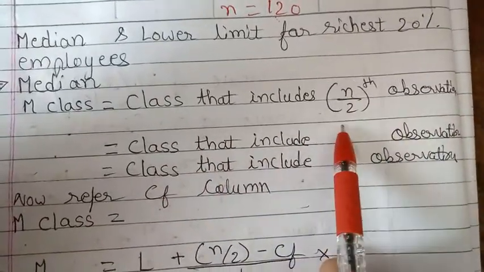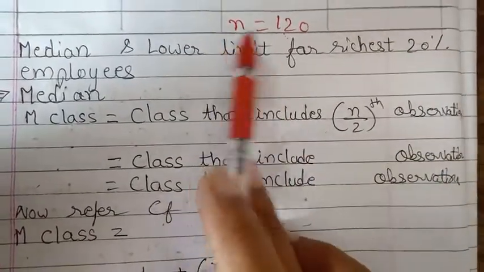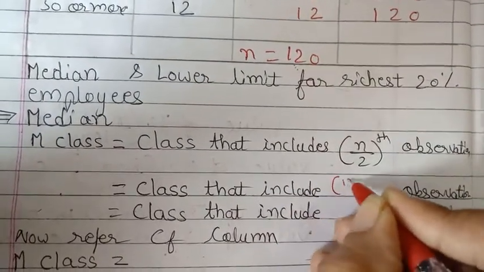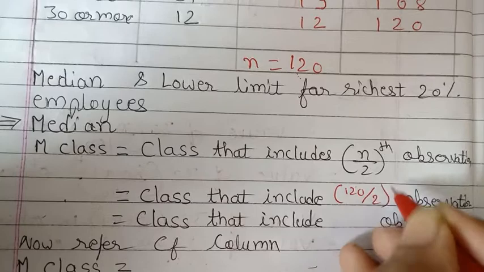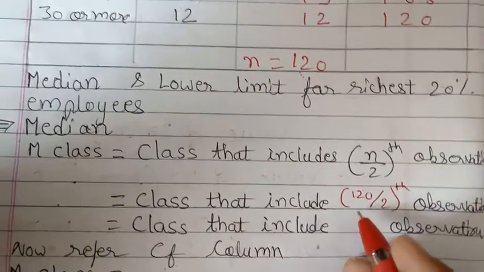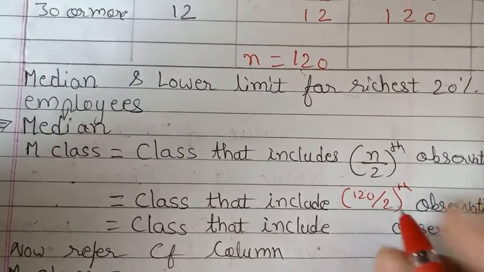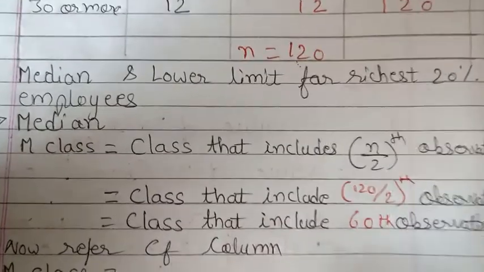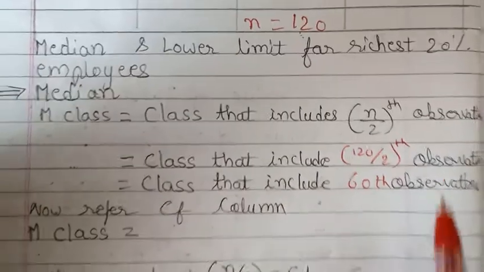Class that includes N upon 2th observation. Now N we know, that is 120. So class that includes 120 upon 2th observation. So 120 divided by 2, it will give you 60th observation. Class that includes 60th observation. Now we will refer to CF column.